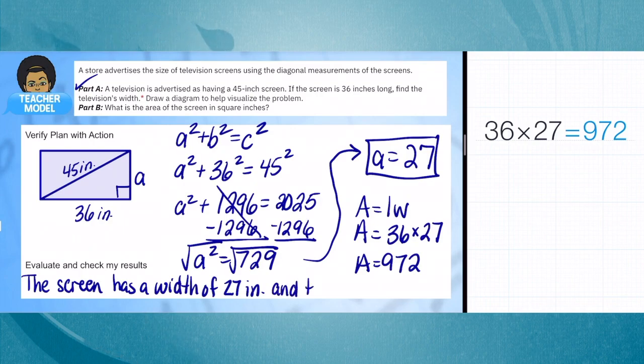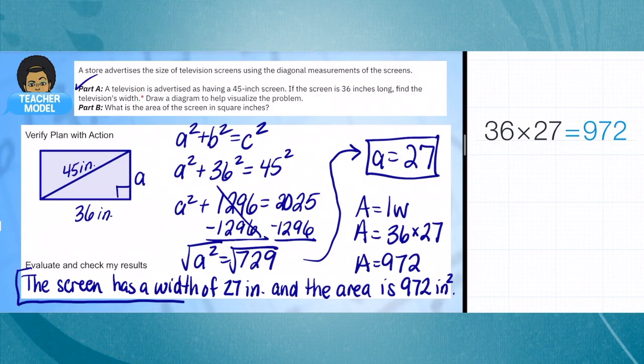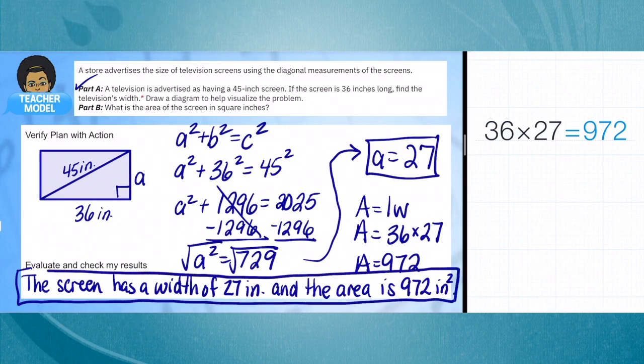And the area, putting this in context, is 972 inches squared. So there you go, math marbles. Hit pause so you can jot this down into your notes.